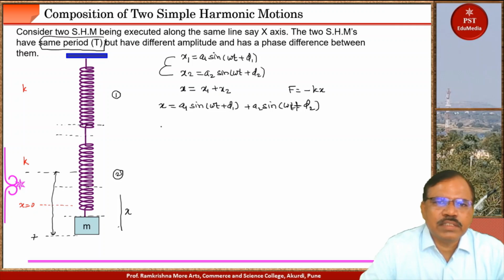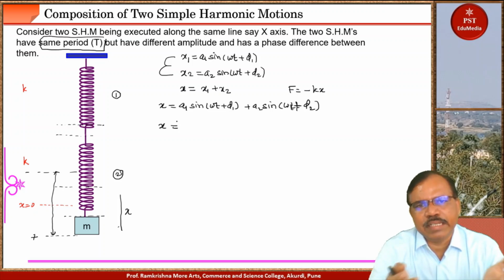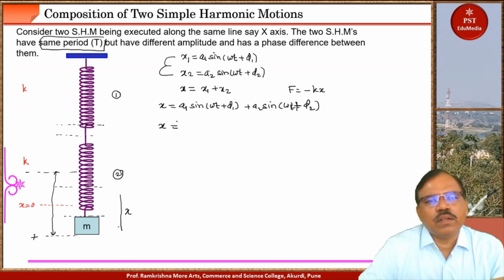And if we solve this, we'll not go into mathematical detail. So x is equal to, we'll get some R sine(omega t plus phi). So here this is the resultant motion.